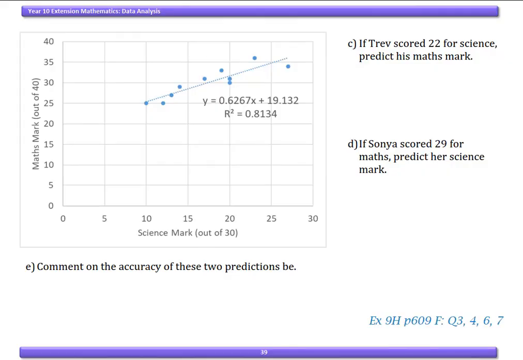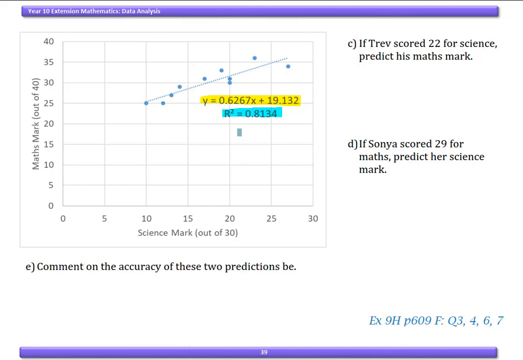So you'll see that I've just copied that graph into my slide so I can talk about it. So there is my line of best fit. You can see the data points. We've got our equation here, and then we've got our r squared here.